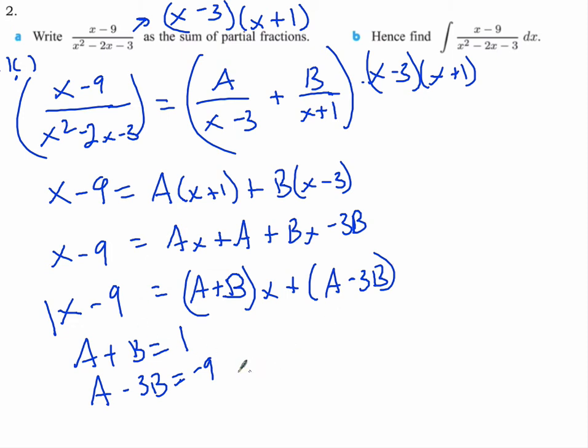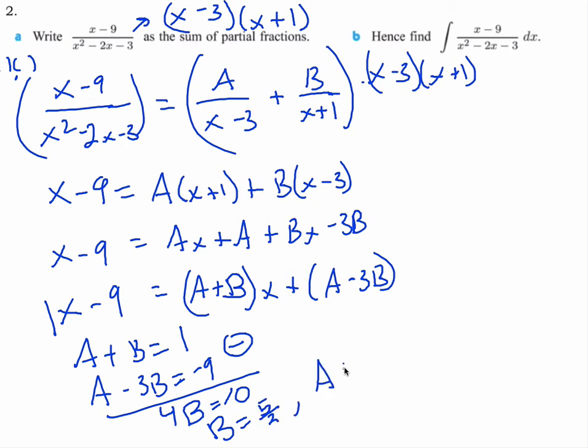To solve that, we can solve it like simultaneous equations and subtract, and we get 4b equals 10, so b equals 10 over 4, which is 5 over 2. And a would be, according to this equation, 1 minus 5 over 2, which is negative 3 over 2.